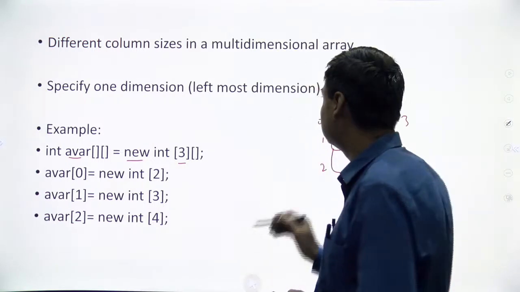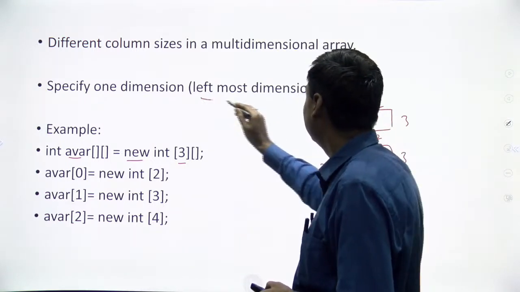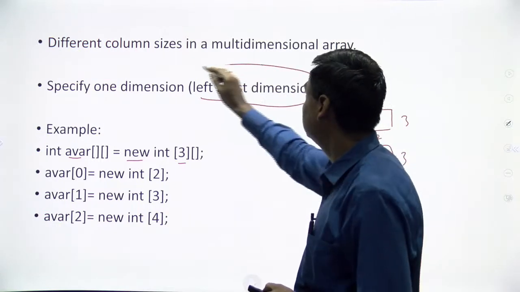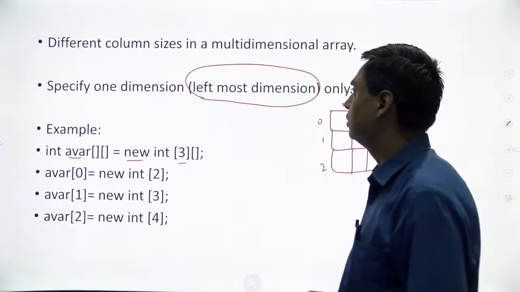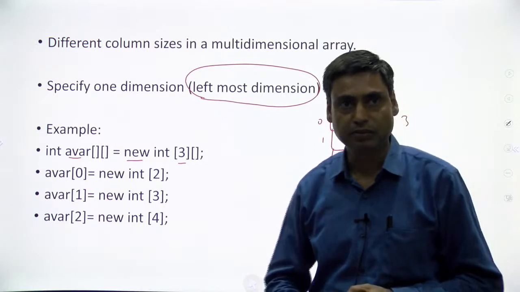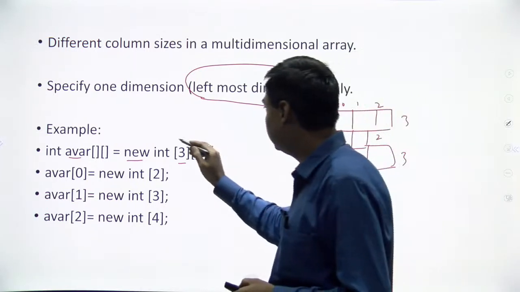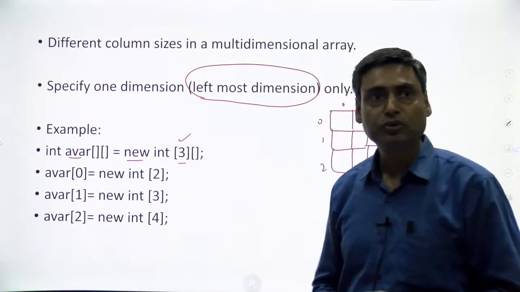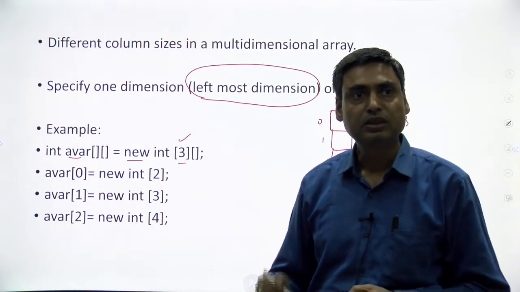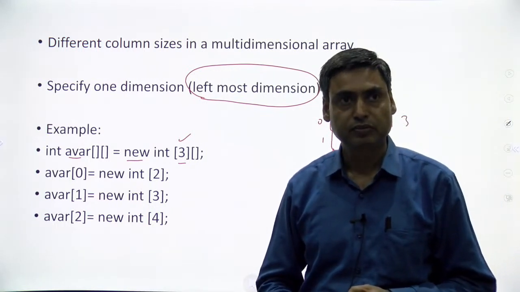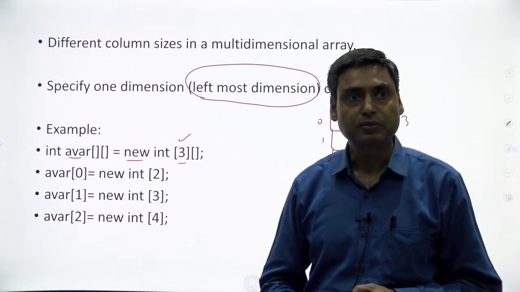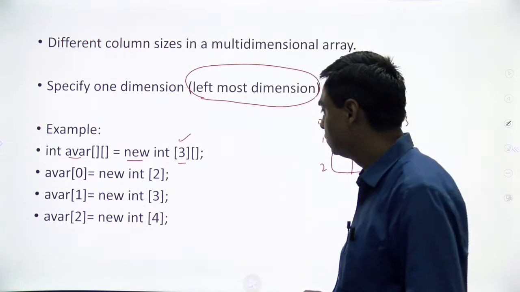In that case, the leftmost dimension must be given. Only one dimension must be given. So we have given 3 here, so the number of rows will be 3. Then separately you can declare the number of columns by allocating the memory.